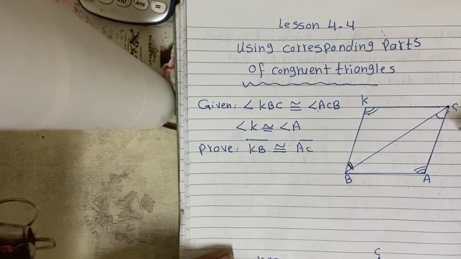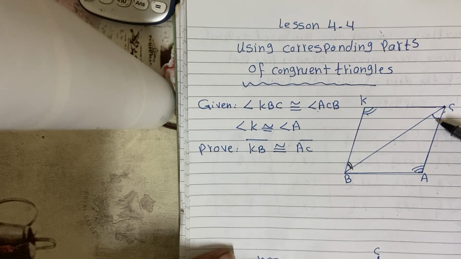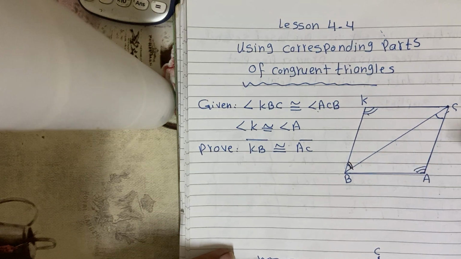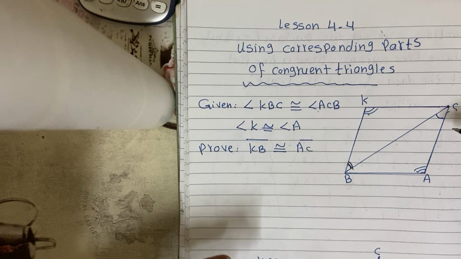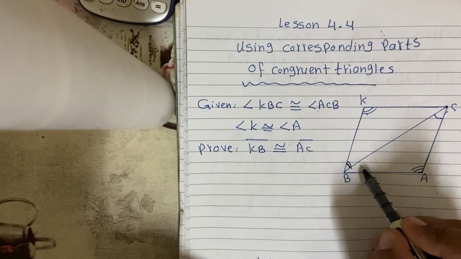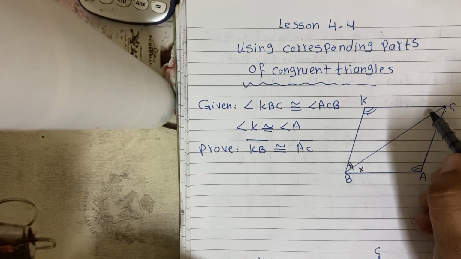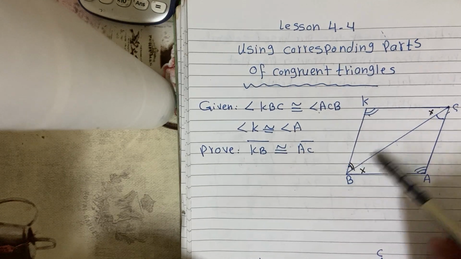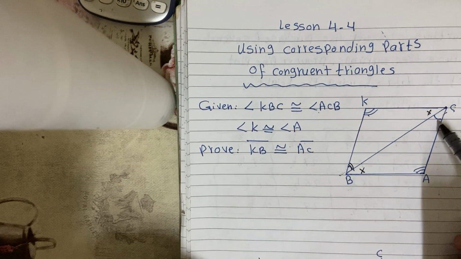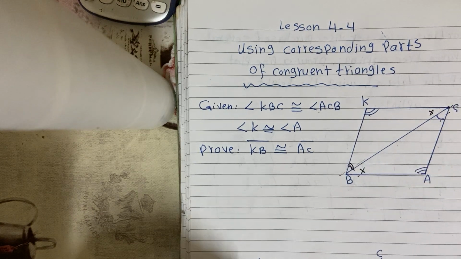Why? Because if you have this angle equal this angle, and this angle equal this angle, so automatically the third angle will be equal to the third angle. So you have angle and joining side, and also angle and joining side.